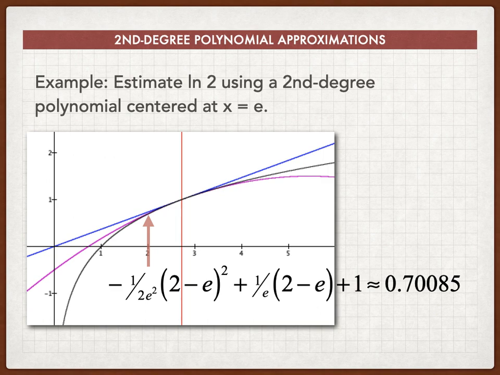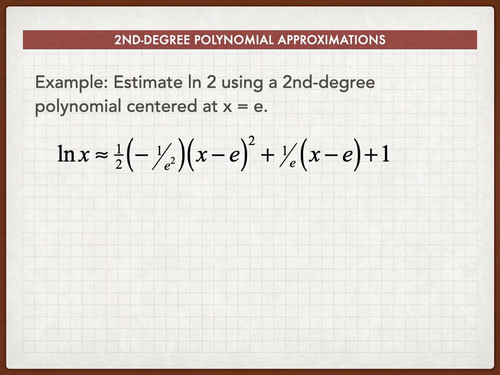It matches pretty well from x equals 1.5-ish up to x equals 4. Estimating ln 2 with a second degree gives us an answer that's about 1% low. We went from 6% high with the line to 1% low with the quadratic.